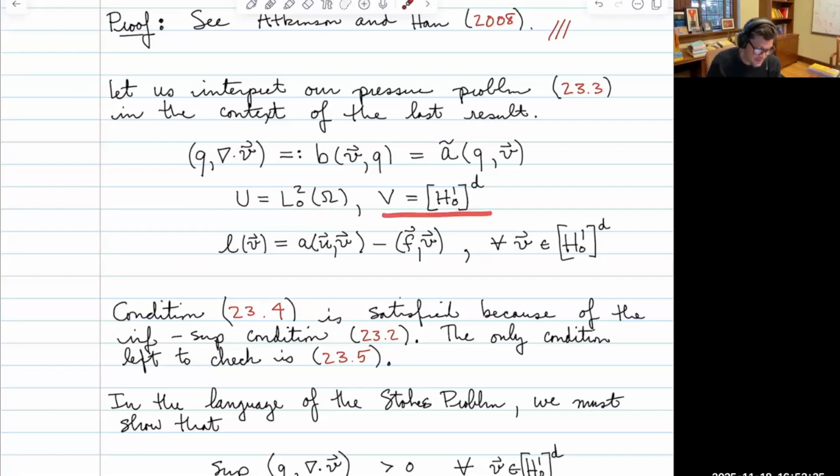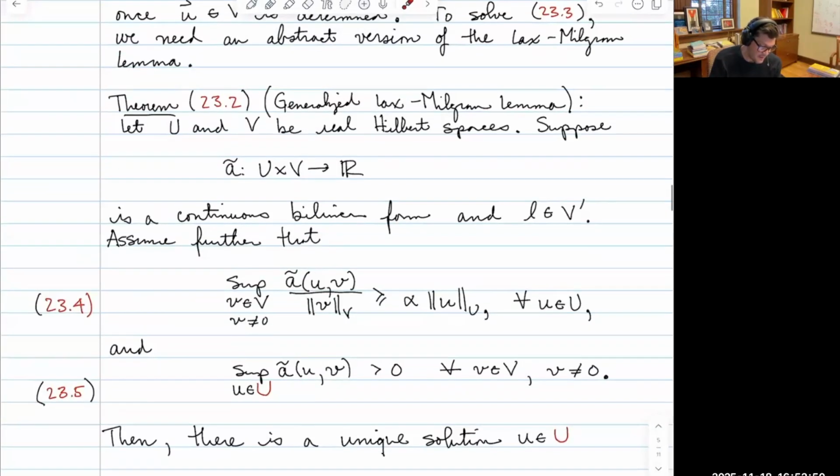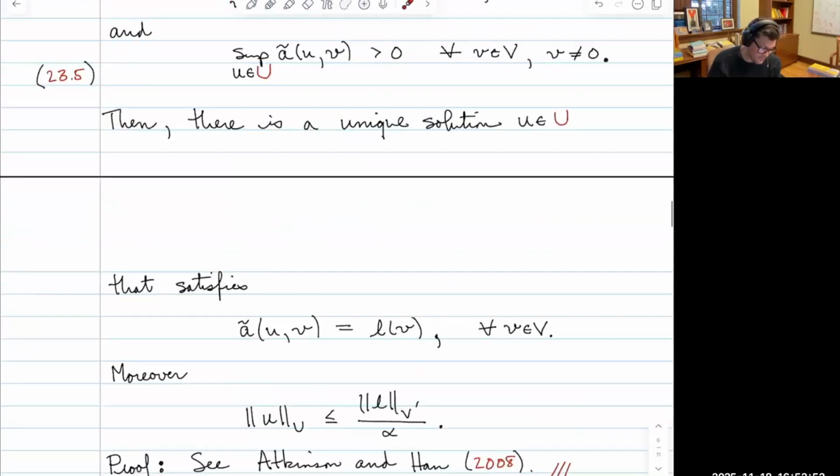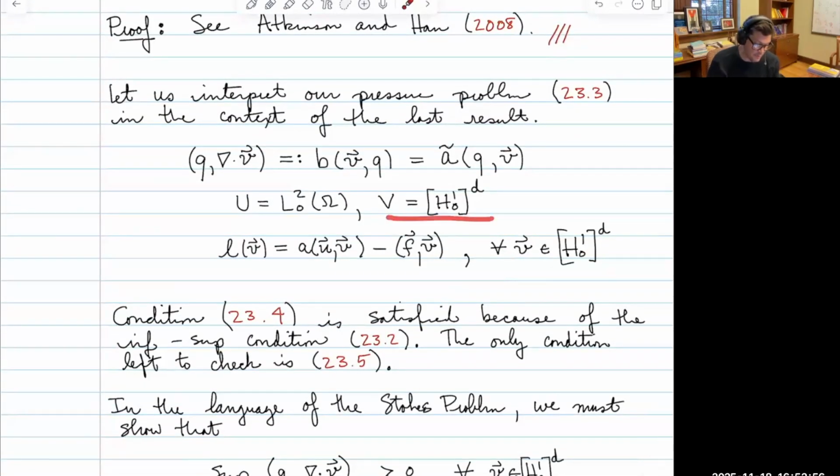V we take as the space, again, this is not the same V as we had above, so maybe I should give this a tilde, but I hope you understand. This is a different V, the V coming from the assumptions of this problem. So it's generic. So V should be taken as H01D.